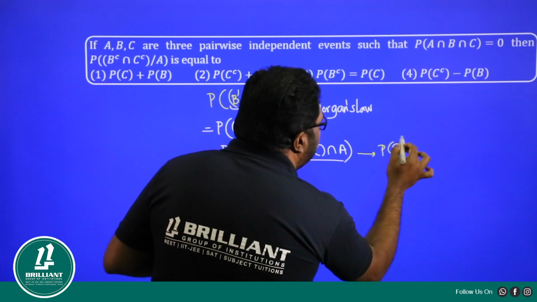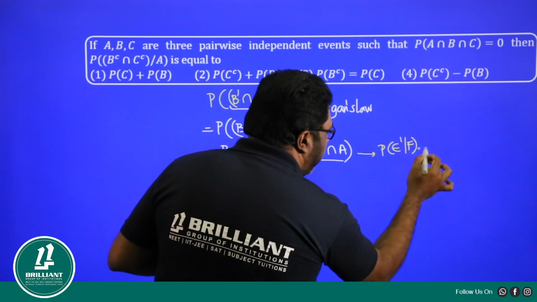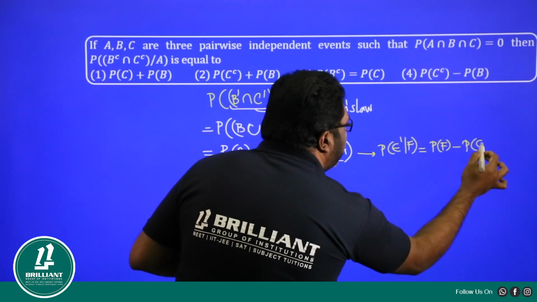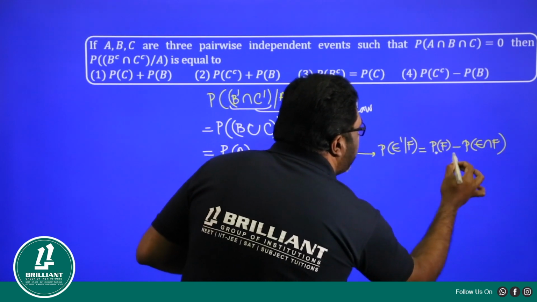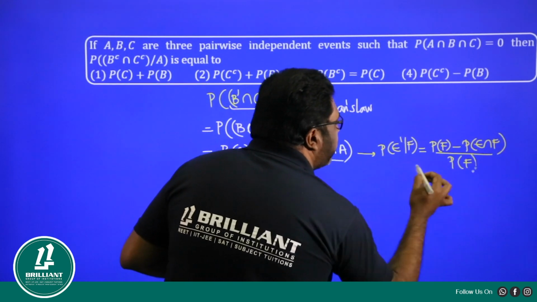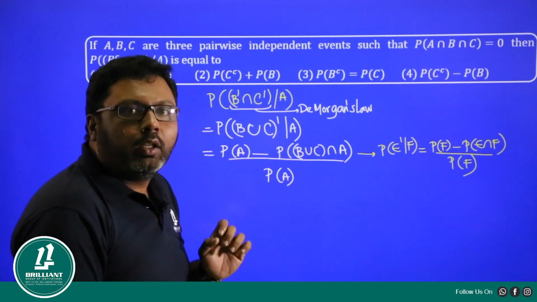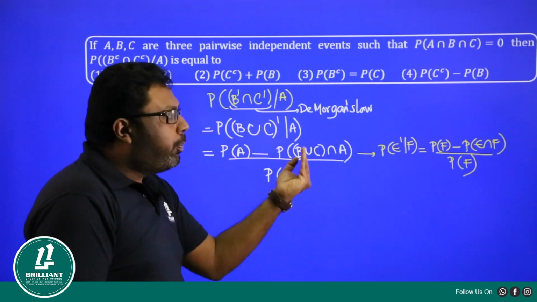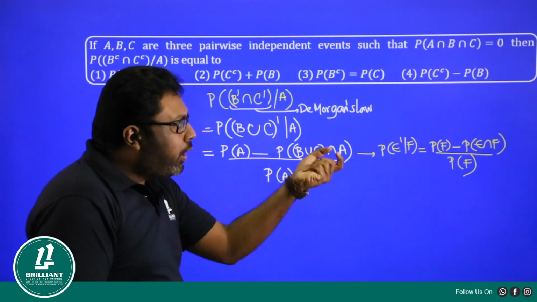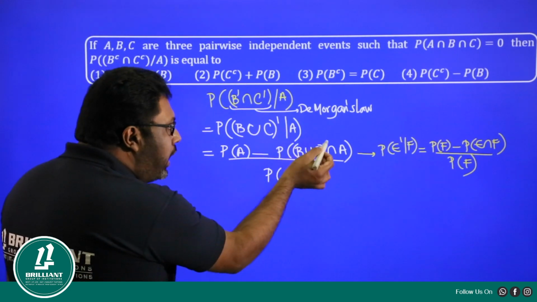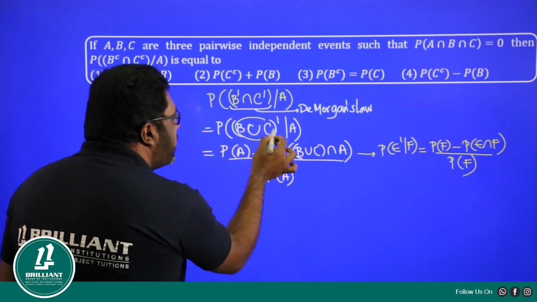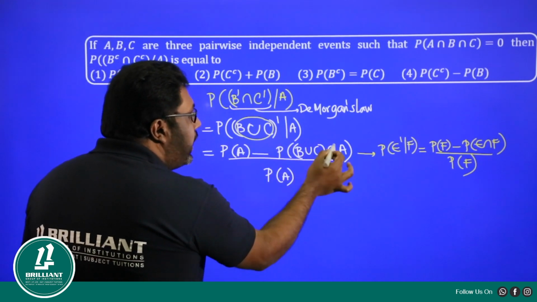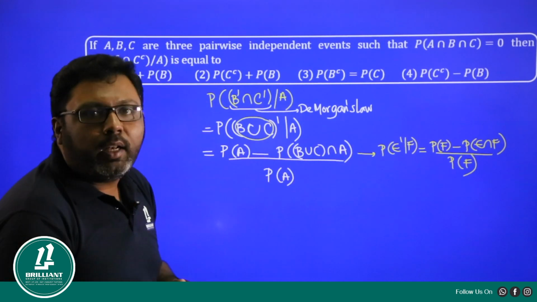The probability of E complement given F is P of F minus P of E intersection F divided by the P of F. So here E is B union C. So it will become probability of A minus probability of E intersection F divided by the probability of F.